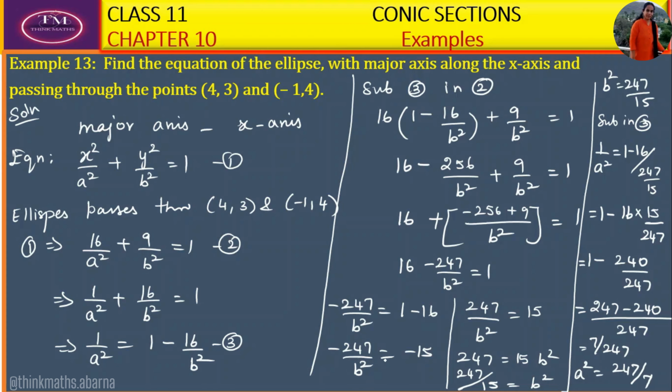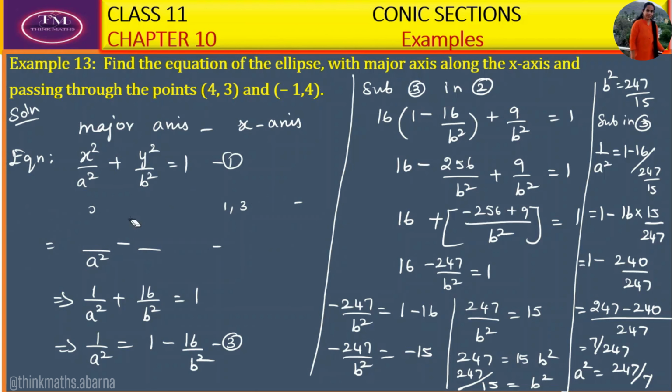So we got a square and we got b square. Now our work is to find the equation of the ellipse. So if we substitute here, we will get the equation of the ellipse. Before that, let me erase these. We just have to substitute the values of a square and b square here.